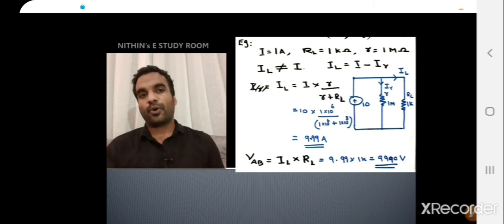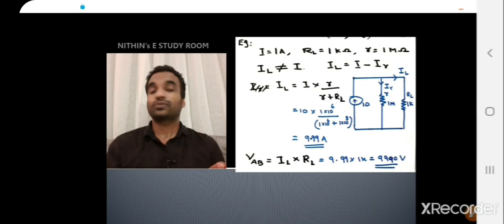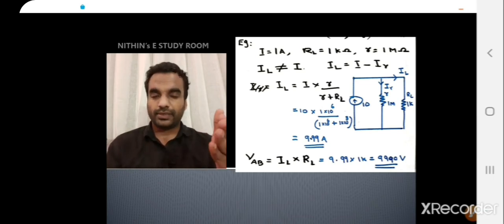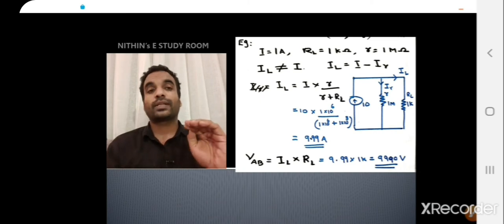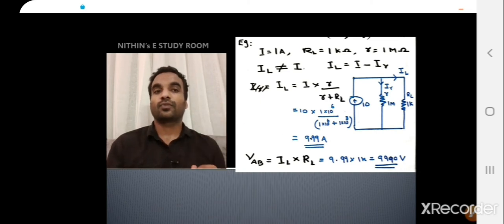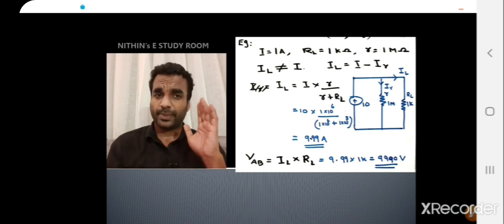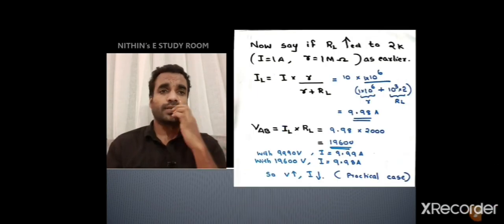So this is the point: with voltage equal to 9990 volt, the current is equal to 9.99 ampere. Remember that point. Now we are going to the second case.